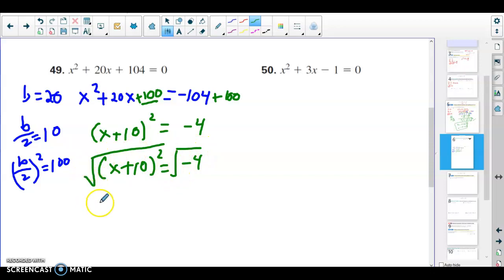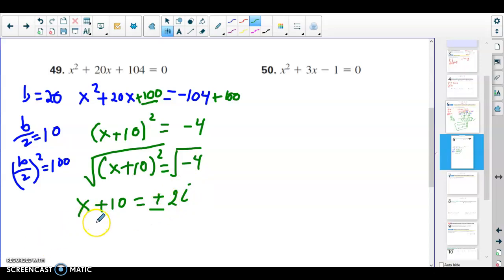So this is where our math builds, because what's going to bother anybody that's looking at it is you don't particularly like the fact that that's negative square root of 4. So on this side we have x plus 10. When we take the square root of a value, we end up with plus or minus, and this is an imaginary number. So this is 2i.